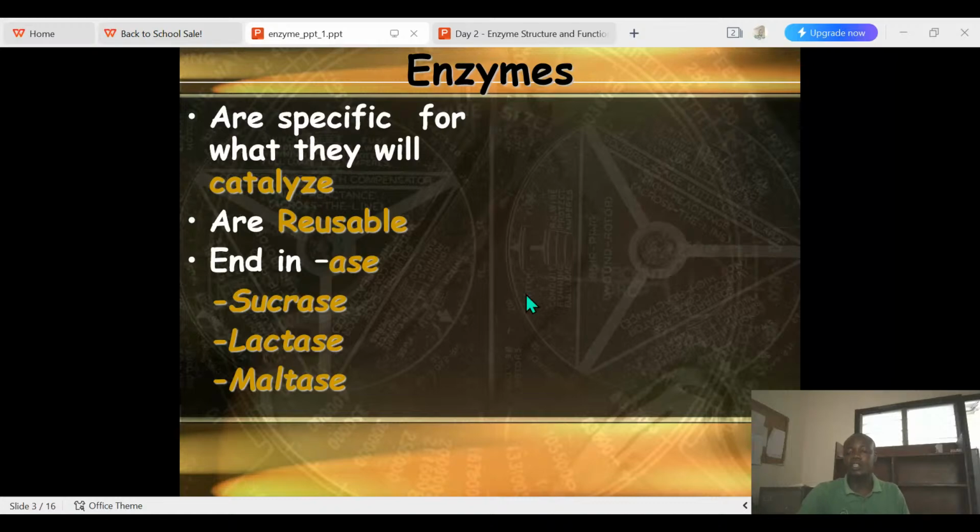You can use it and reuse it. That is what you call enzyme specificity. It is highly specific and reusable, and that is one of the most important things about enzymes.